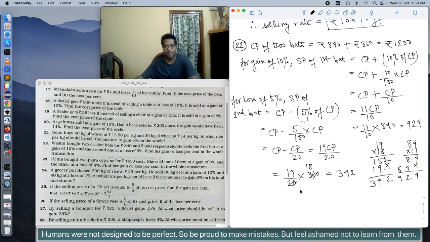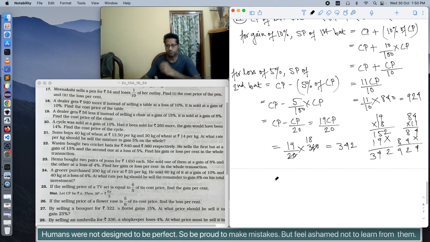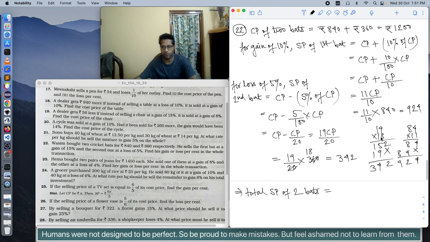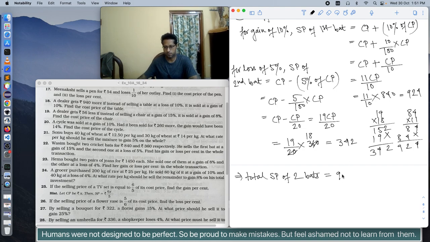Now what is the question asking? Find his gain or loss percent in the whole transaction. So the total SP of 2 bats is equal to the selling price of the first bat at a gain of 10%, which was 924, plus the selling price of the second bat at a loss of 5%, which was 342.